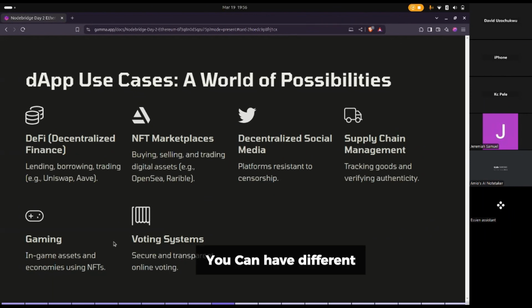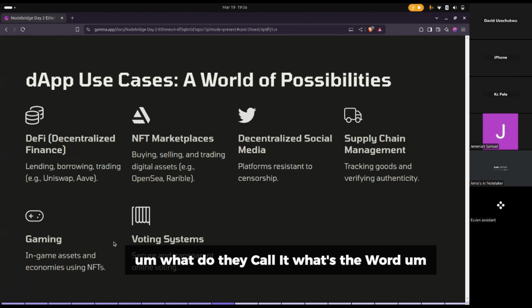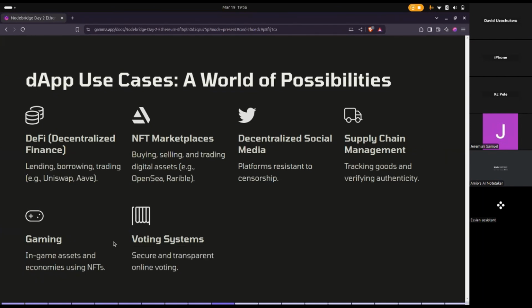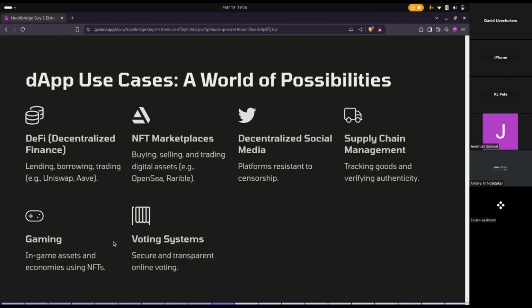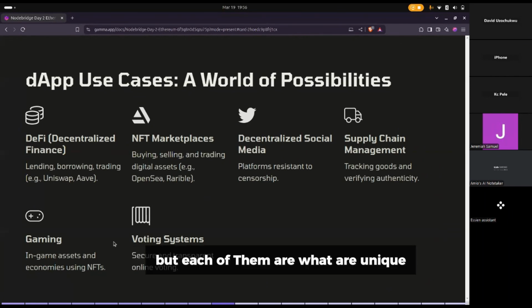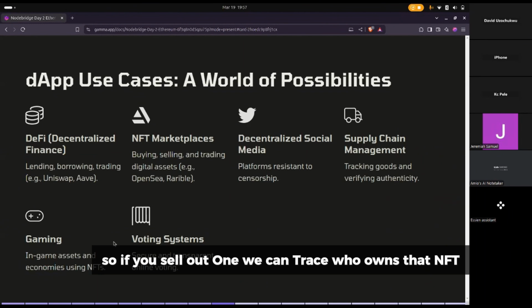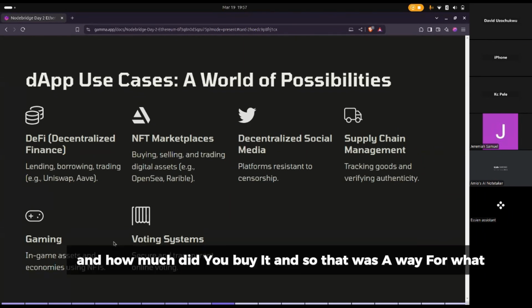You can have different, what do they call it? I think the word just ran out of my head. But yeah, you can have different collections of that NFT. But each of them is unique. So if you sell one, we can trace who owns that NFT and how much they bought it for.